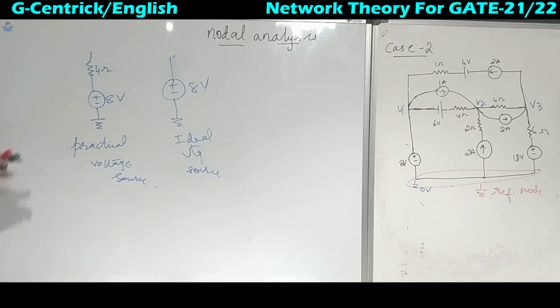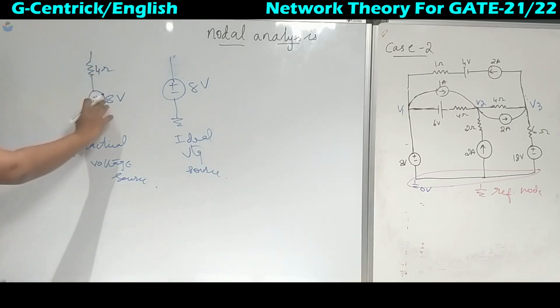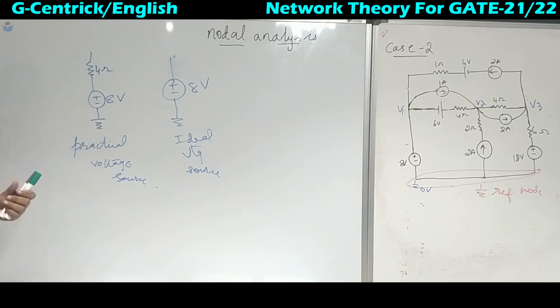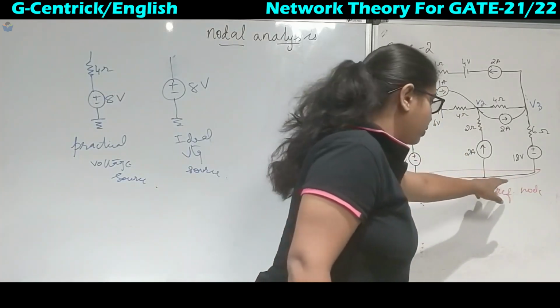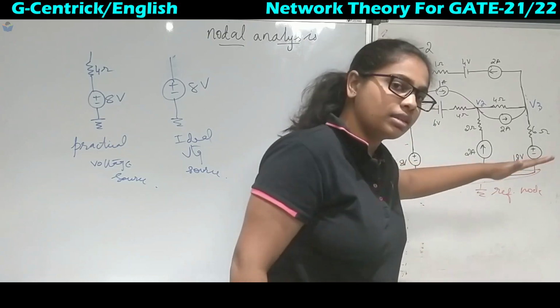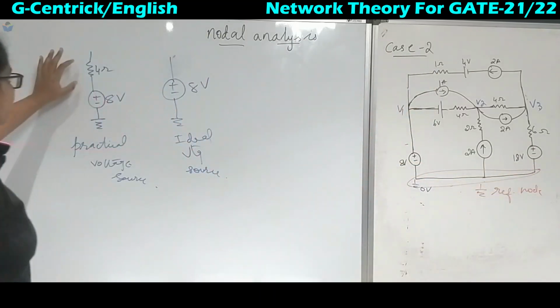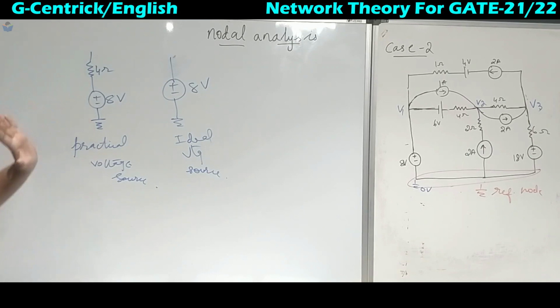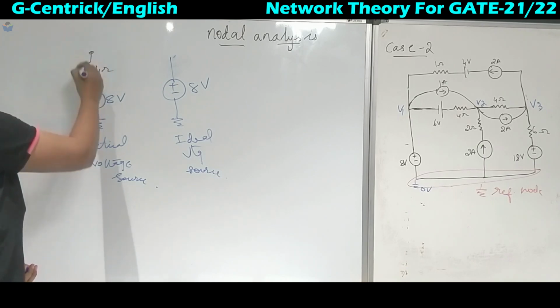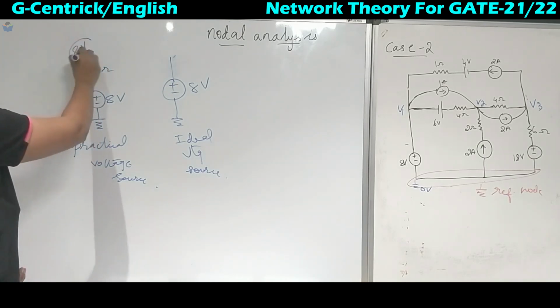If there are no elements present between these nodes, then we consider them to be at the same potential. But whenever there is an element present, this node and this node cannot be of equal potential. So here we cannot directly take this node as 8 volt.